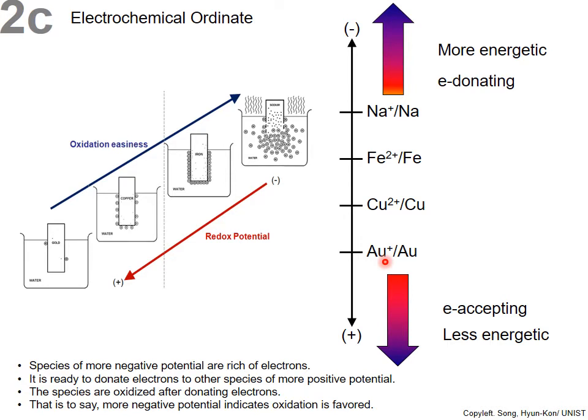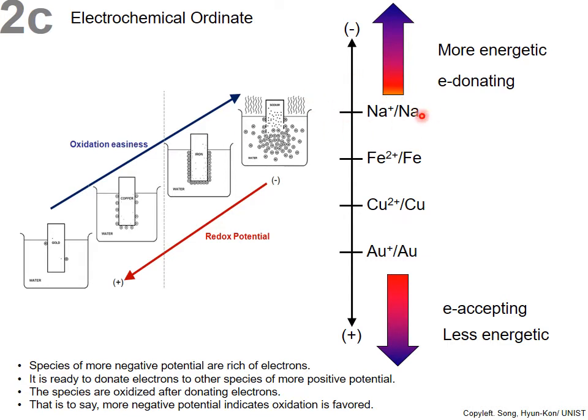Only more energetic guys would donate their own electrons to poorer guys having more positive reduction potential. Anyway, that is the reason why I have placed the more negative values on the upper side.